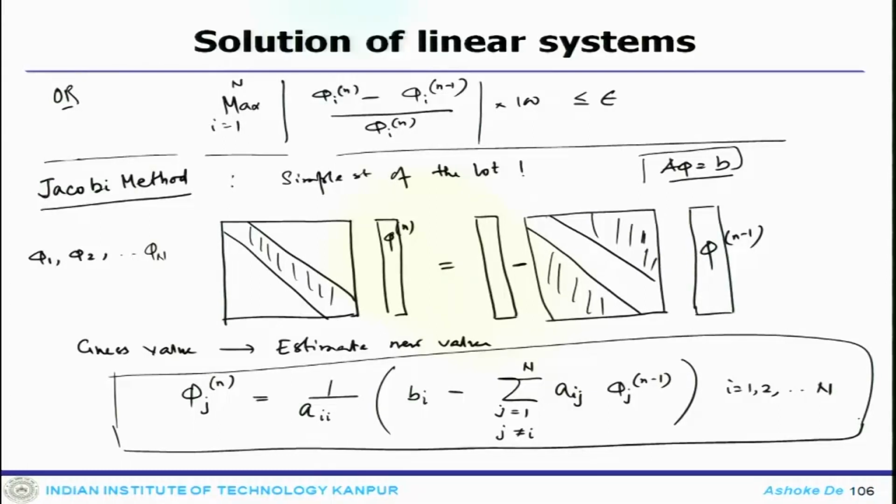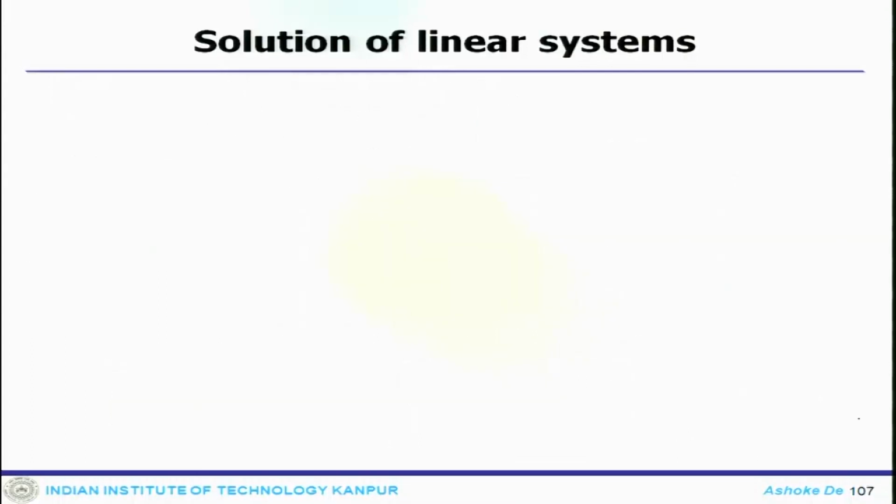Now once you get this generic equation, you can form a matrix, like I can have a 1 1, a 2 2 and so on up to a n n.